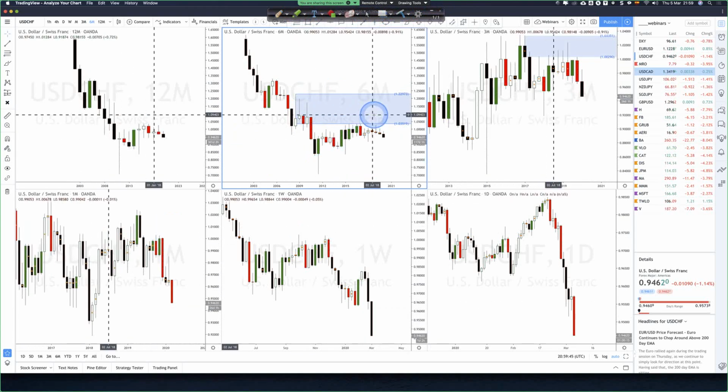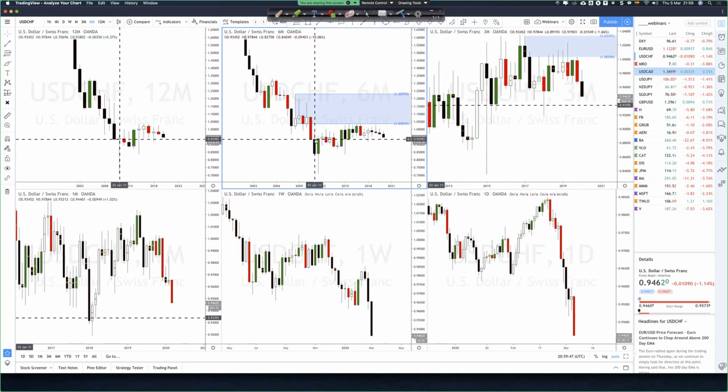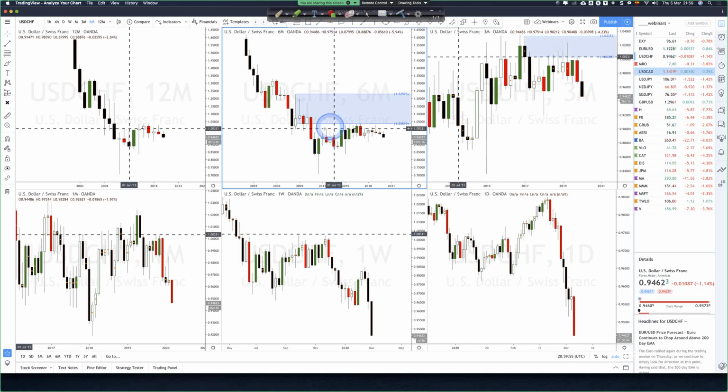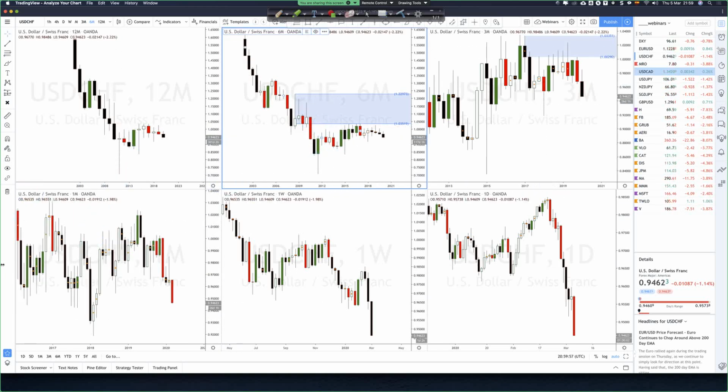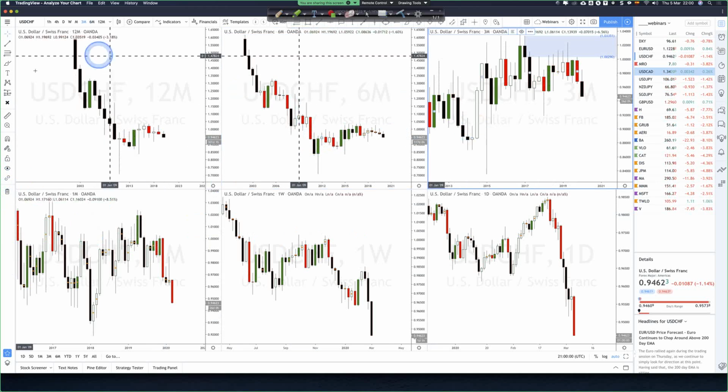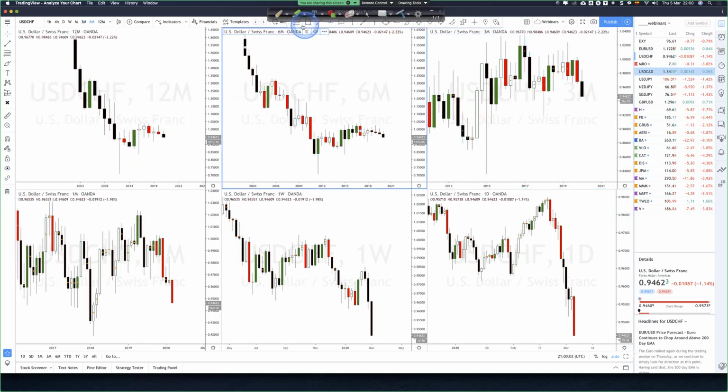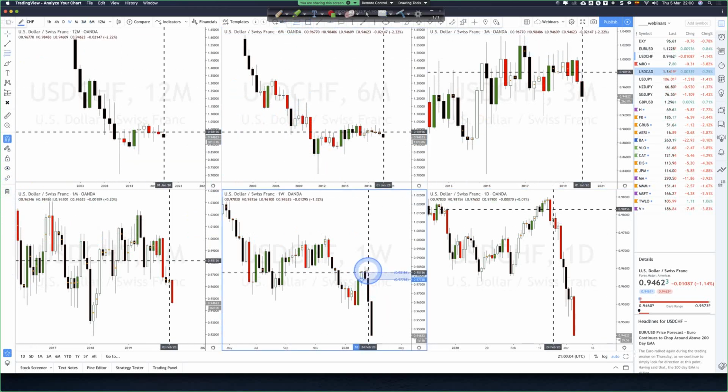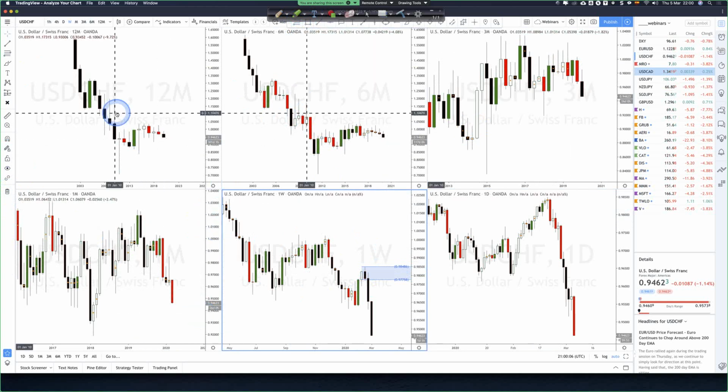I have objects, rectangles and all that, because I have to upload it in the community and you need to know why it's supply, why it's demand. But if it were for me, I just wouldn't. I would just have something like this. Okay, everything eliminated like that. And then I would draw the only thing I am interested in right now on the Swiss franc, shorting there. That's it. I don't care about anything else.